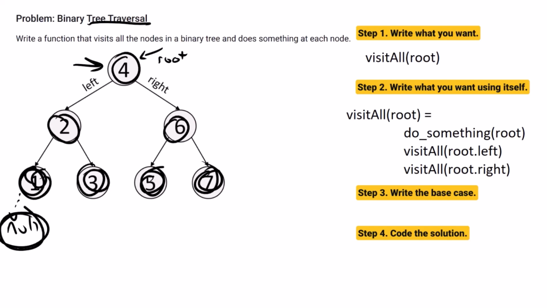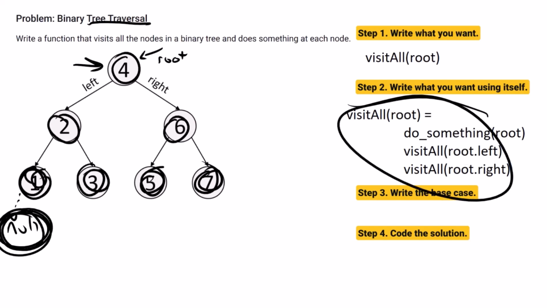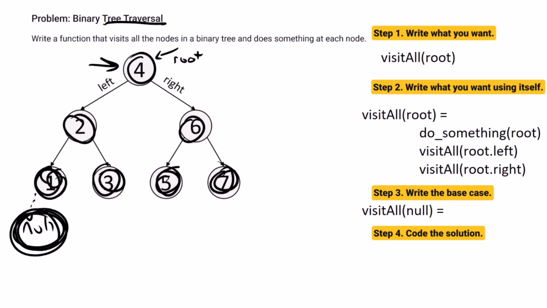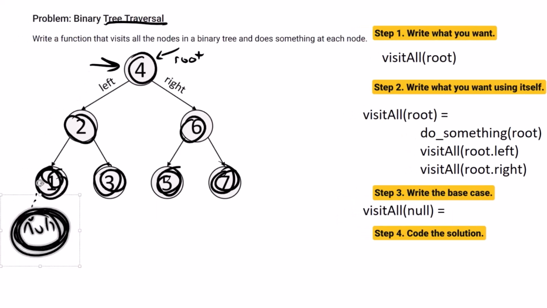When visit all gets called on null, notice that this recursion is going to break, because it's going to try calling null.left, and that's going to give an error. So this recursion is valid until we reach null. So how do we do something on a null node? Well, we don't really have to do anything, because the node is null, it doesn't even exist. So visit all of null is just: don't do anything, return.